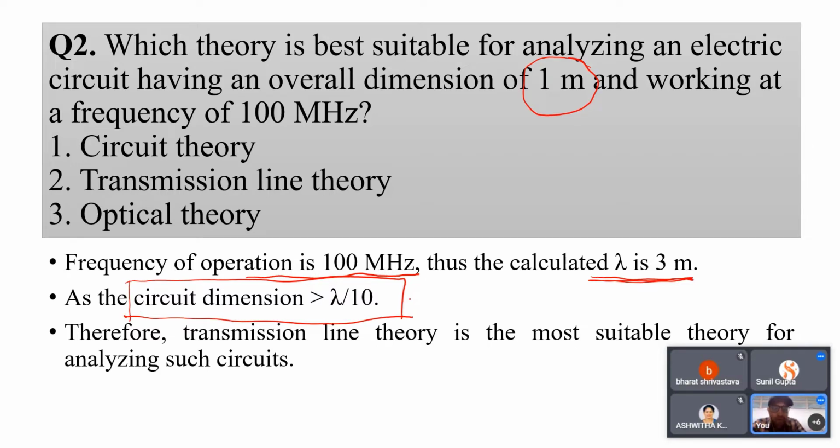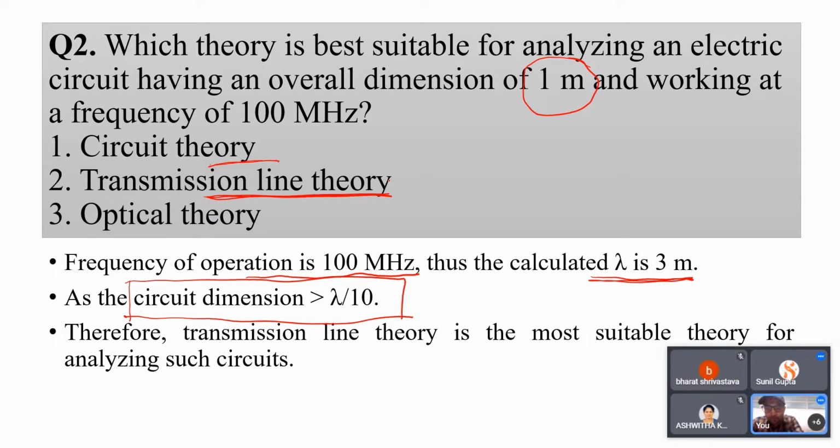If the circuit is electrically small, then the basic circuit theory can easily be applicable. But if the circuit dimension is comparable to the wavelength, then transmission line theory is the most suited theory for analyzing such circuits.